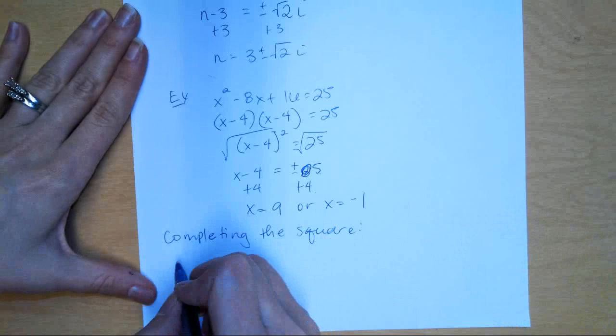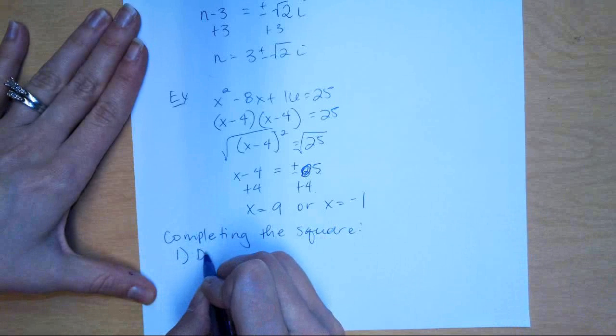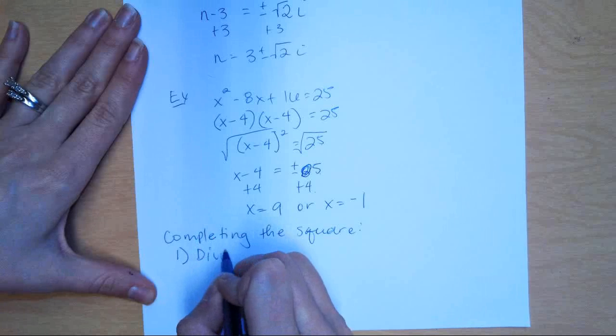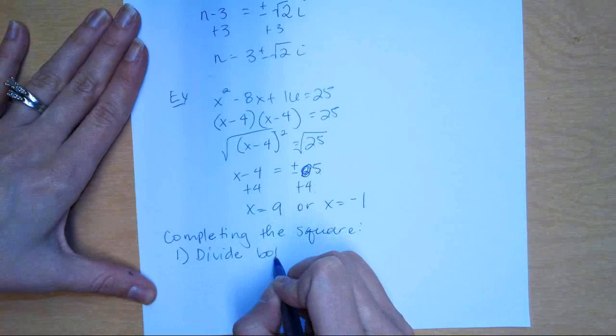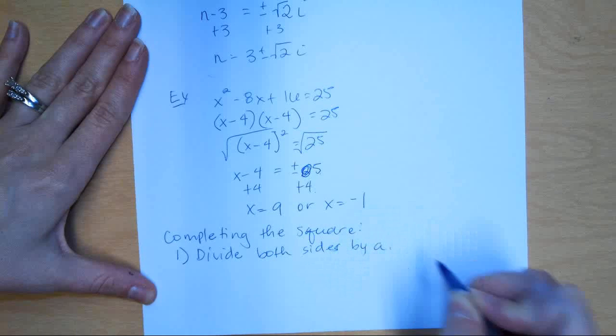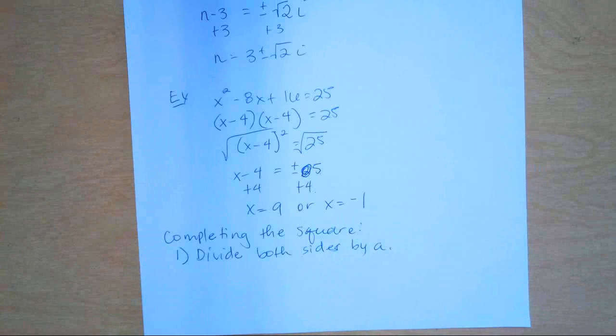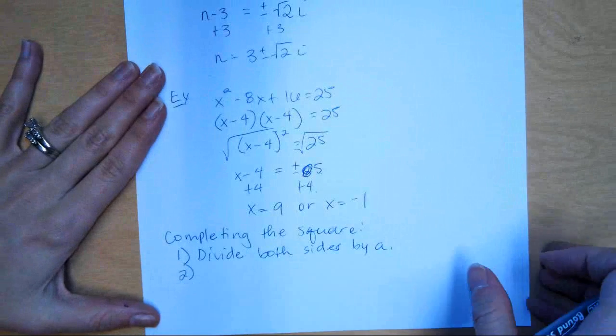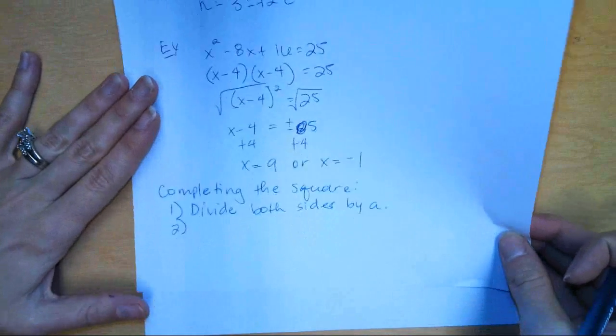The first thing you're going to do is divide both sides by a. So if there is some a value, like 2x squared or negative 1x squared, you have to divide by whatever the a is if it's not 1. And we'll go through an example, so this may seem like a lot, but it'll be okay.